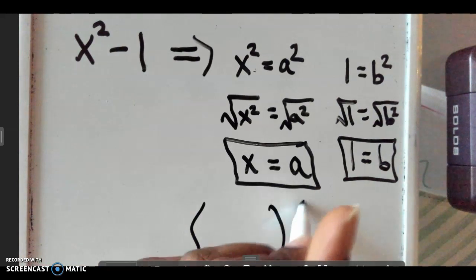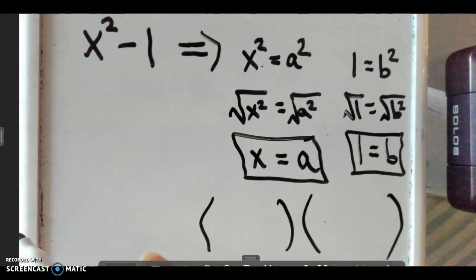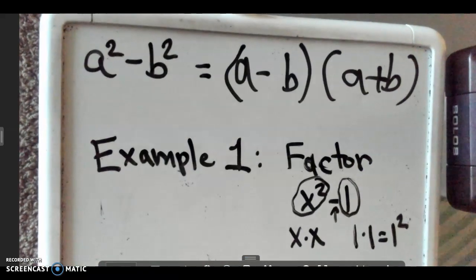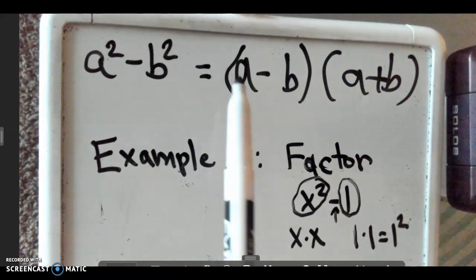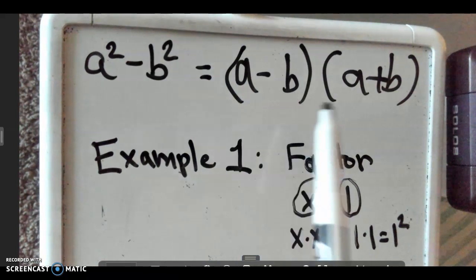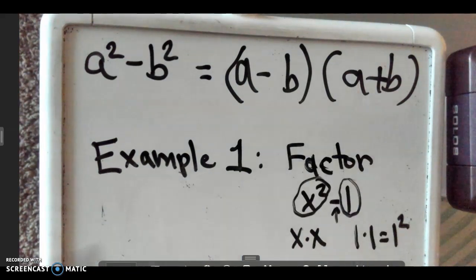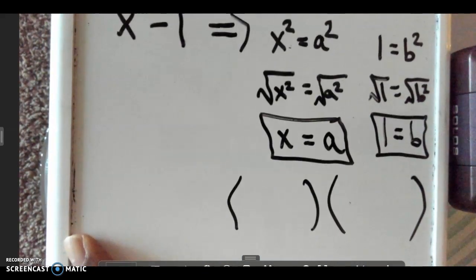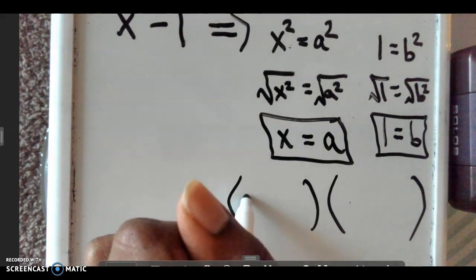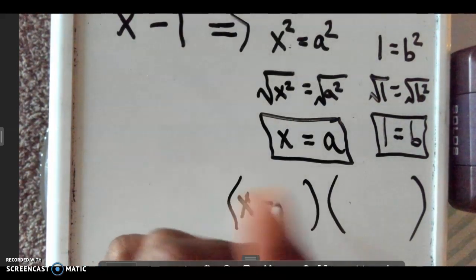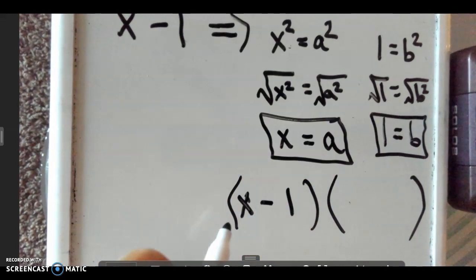Now all that's left is that we need to plug those values into the formula. So reviewing the formula once more, the factors will be the a minus the b times the a plus the b. Okay. So here we're going to have the a, which is x, minus the b, which is 1.